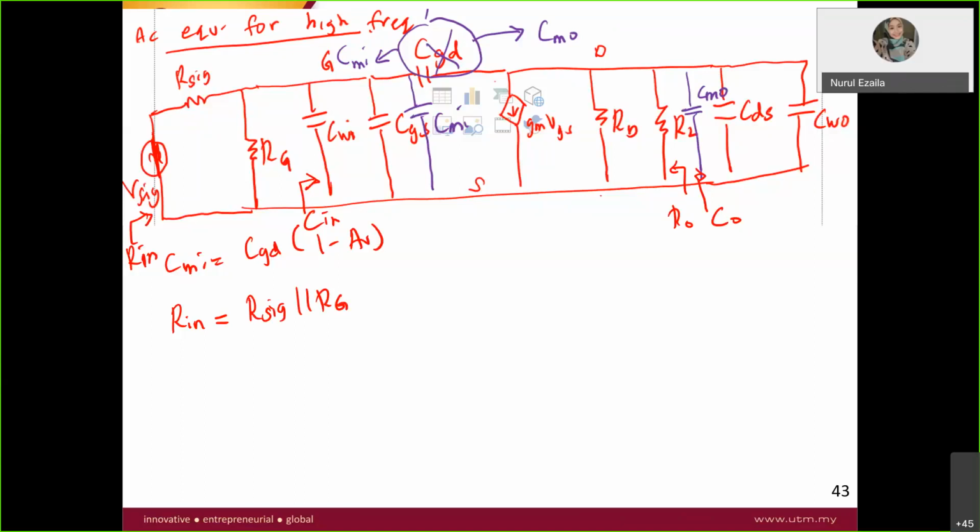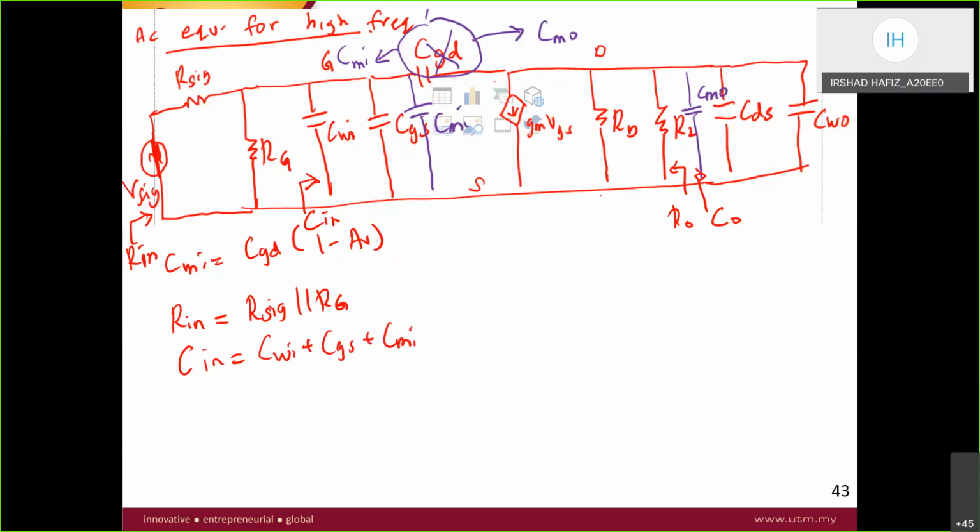Okay, and then we want to find C in. So what will be the C in? Someone? Total C in, total capacitor over there? CW in plus CGS plus CM in.